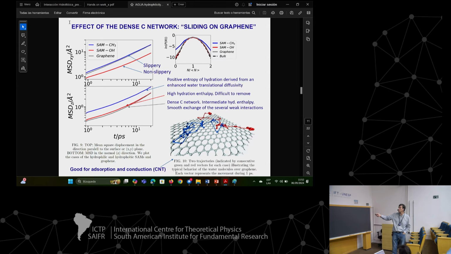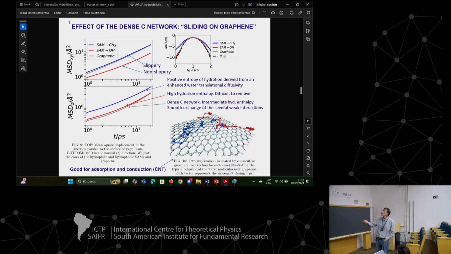If you have a very hydrophilic surface, the water molecules attach to the surface by, for example, hydrogen bonds, and they stay there until they are detached, but they don't wander over the surface like here. Here, basically, I didn't put a movie, but it's like this sliding over the surface.